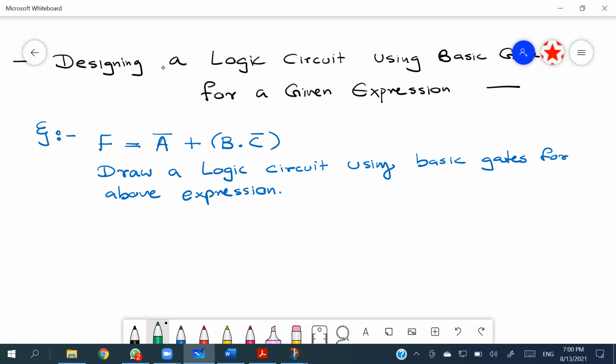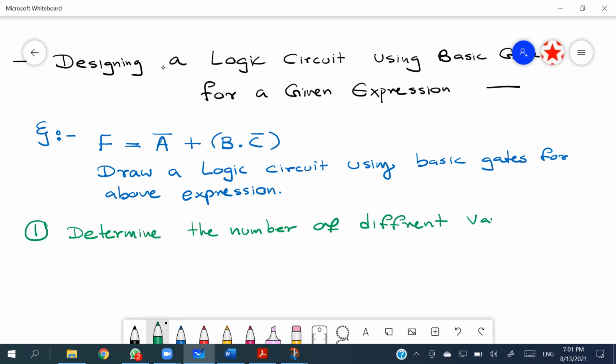So the first thing that you are going to do is determine the number of different variables in the expression.